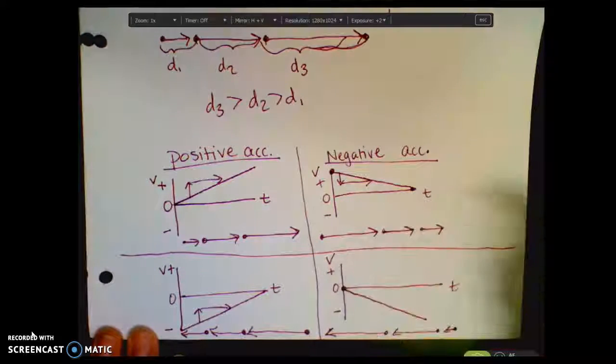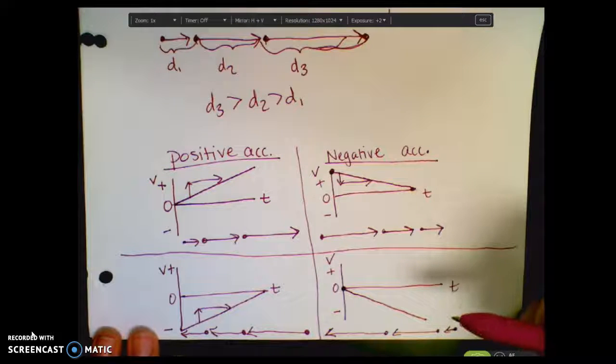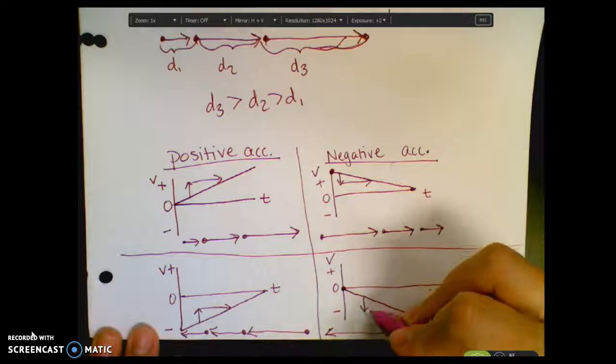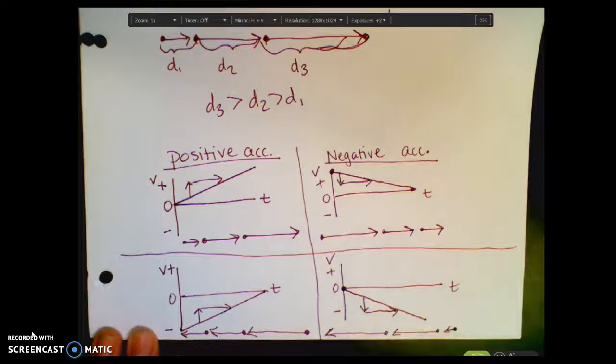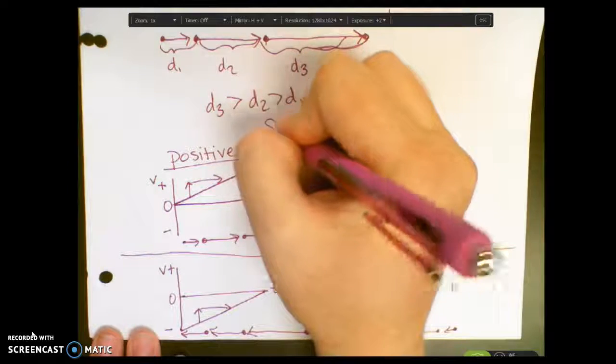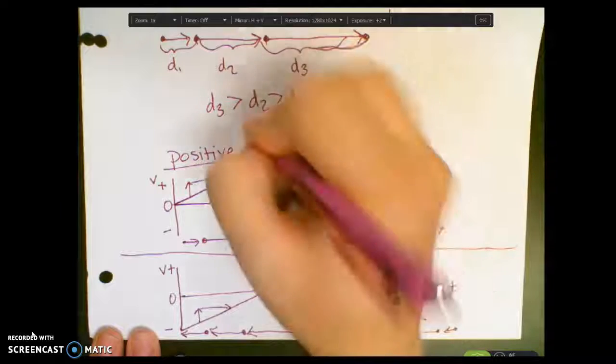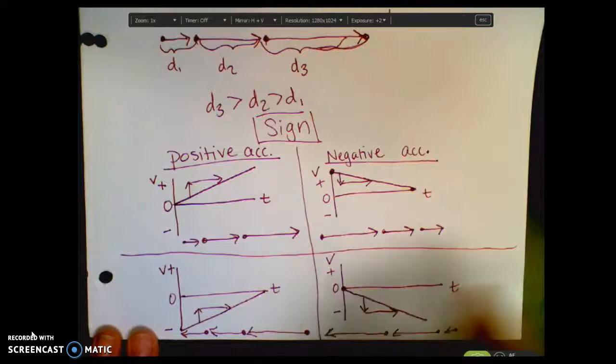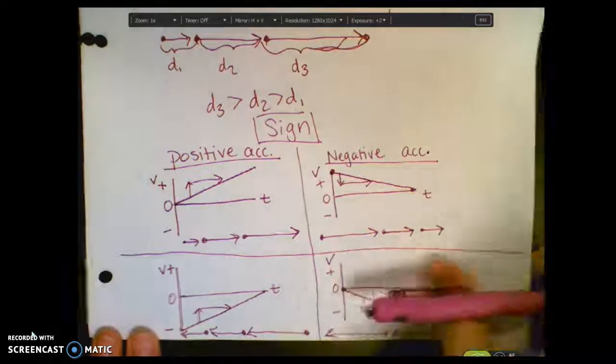Now that negative is just direction. It just means that you are moving to the left. And again, if you look at the slope, our rise over run is negative, so the sign of my acceleration is going to be negative. So when we go to solve problems, our sign convention is going to be very important. You're going to have to figure out, should I label this a positive acceleration or a negative acceleration?